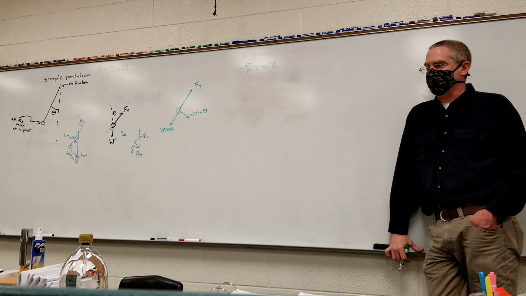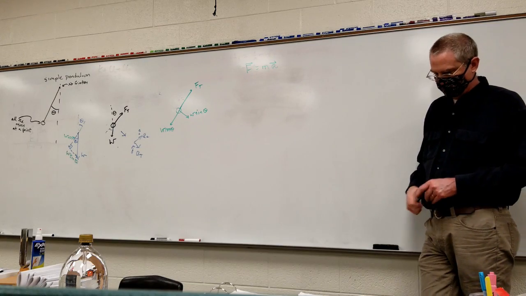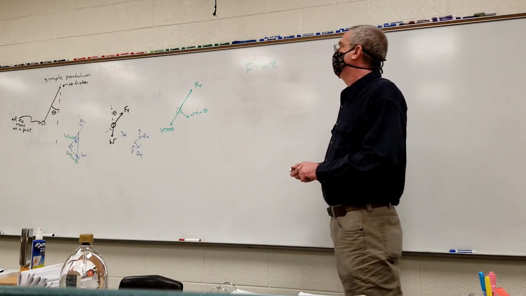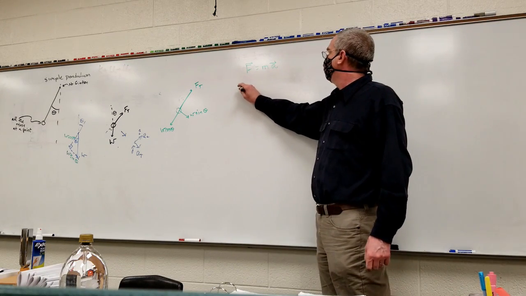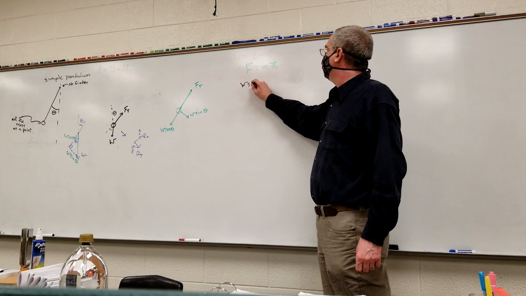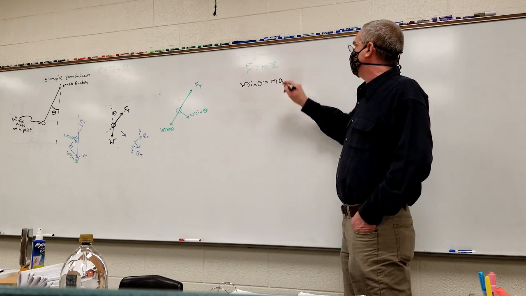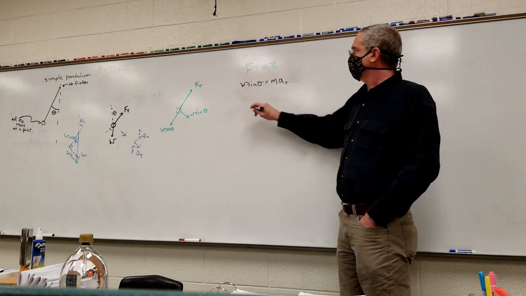What are my equations of motion? J had to just have W sine theta is equal to MA. Put a little a sub t there, just emphasizes the tangential. And what's the other one?